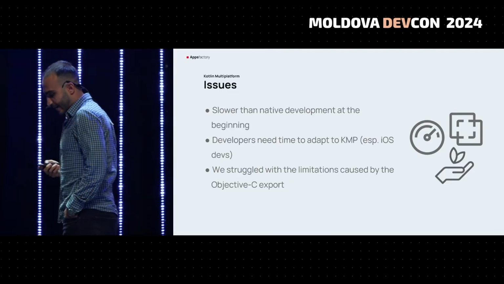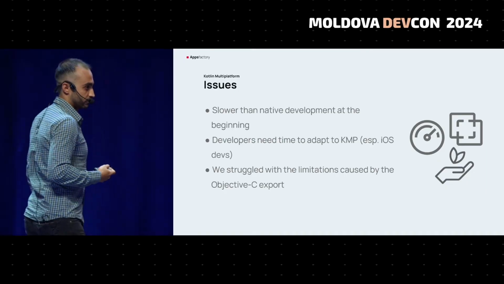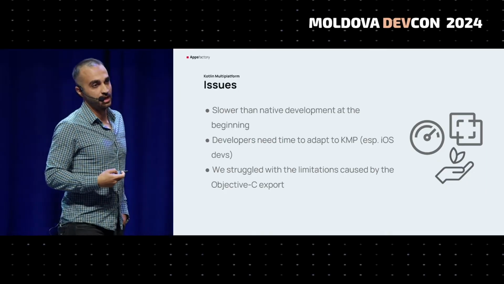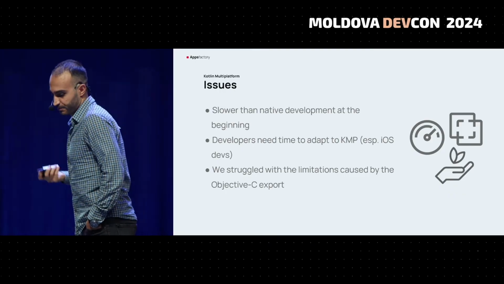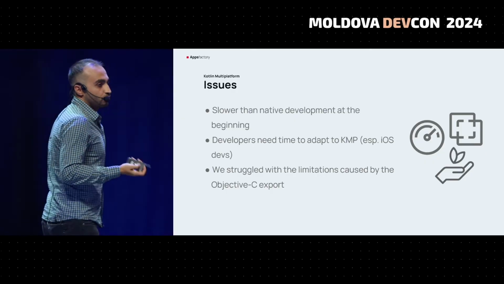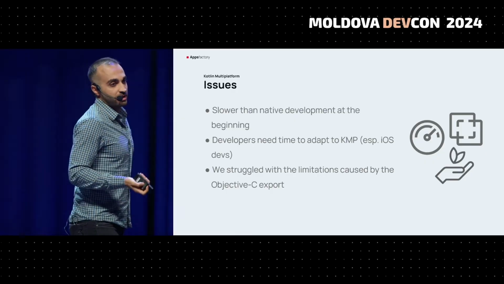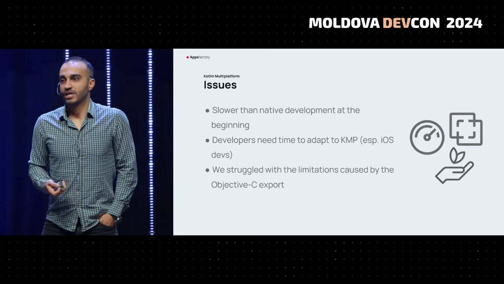So we said, under the hood, KMP makes your shared logic compatible with Objective-C, right? But because of Objective-C, there are some limitations. For example, Objective-C doesn't know about coroutines, suspend functions, or flow, because these are not in its environment.